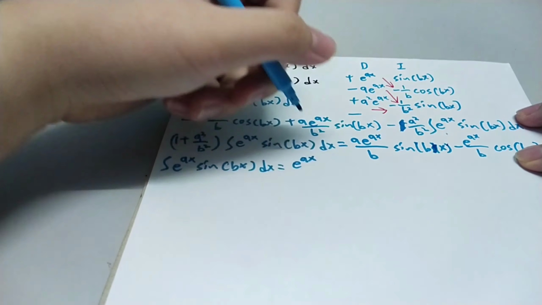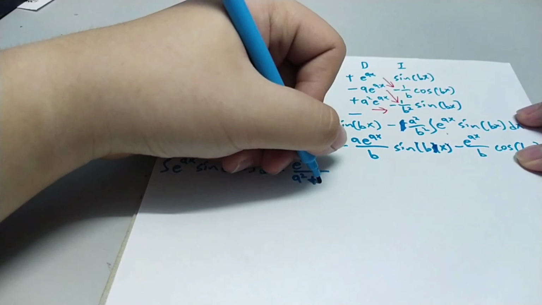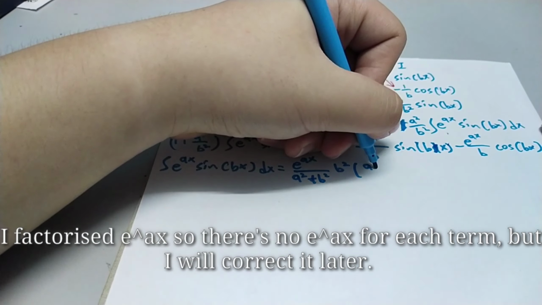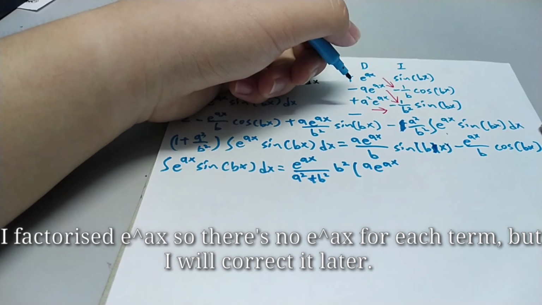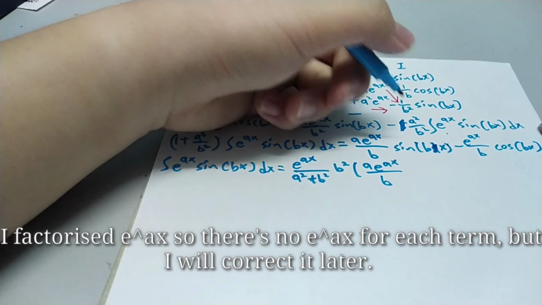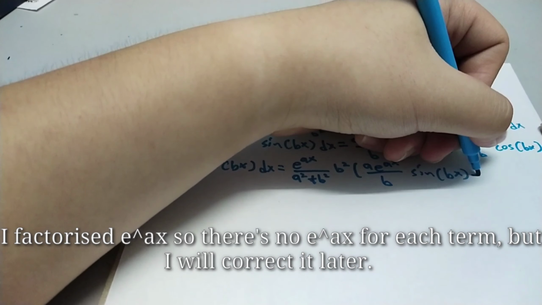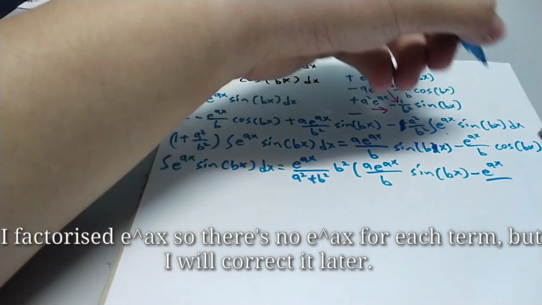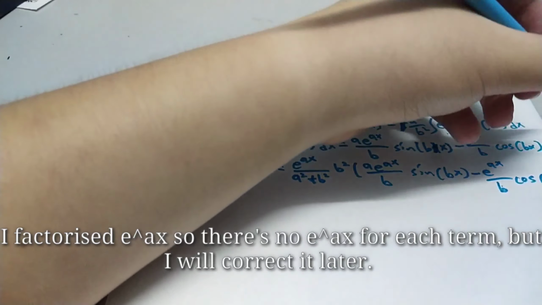So e to the ax, and then over a squared plus b squared, times b squared times a times e power of ax over b times sine of bx minus e power of ax over b times cosine of bx.